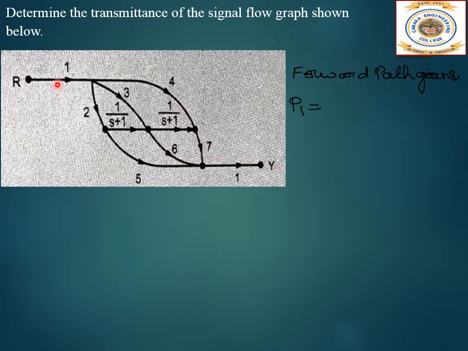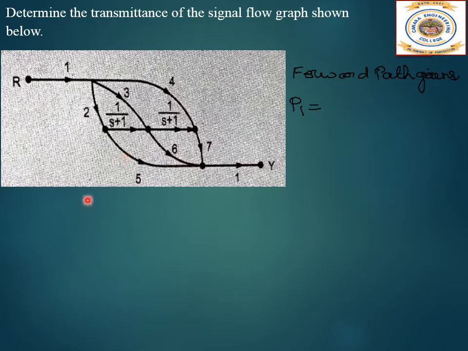Then fifth forward path 1 into 3 into 1 by s plus 1 into 7 into 1. Then the last, sixth forward path 1 into 2 into 1 by s plus 1 into 6 into 1. So these are the 6 forward paths we have.